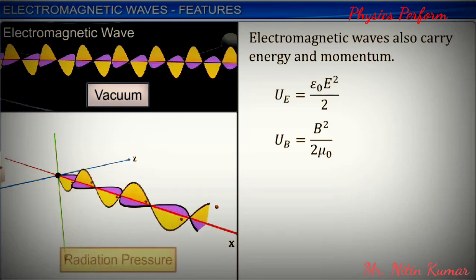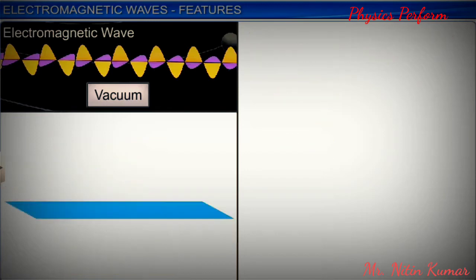If U is the energy transferred to a surface by electromagnetic radiation, c is the velocity of the radiation and p is the momentum exerted by the radiation on the surface, then p is equal to U by c. Here, the momentum p is inversely proportional to the velocity of the radiation c.